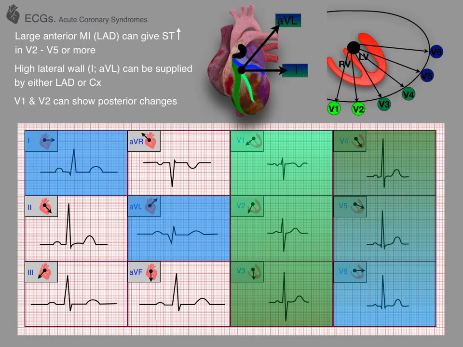And also we need to take into consideration that people do have anatomical differences. But for your purposes as a third year or just a medical student in general, try to think of those chest leads, V2 to V5, as being the region where we would expect to see ST elevation in the context of a complete occlusion of the LAD.